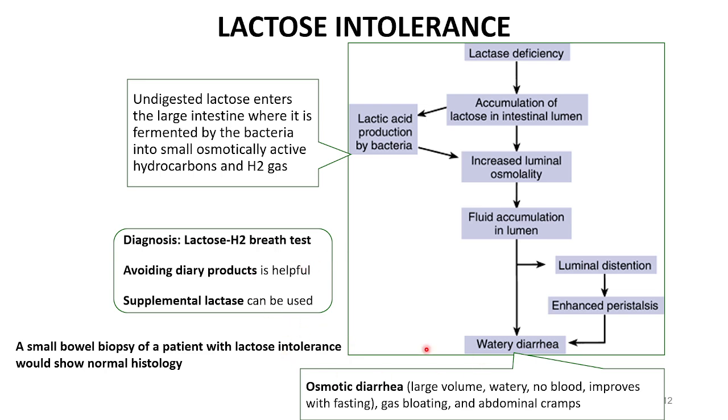So in case of lactose intolerance, we are talking about osmotic type of diarrhea. We will be talking about 4 major types of diarrhea later in the lecture. The easy way to treat these patients is to make them aware that they cannot digest lactose, so they shouldn't be eating lactose.